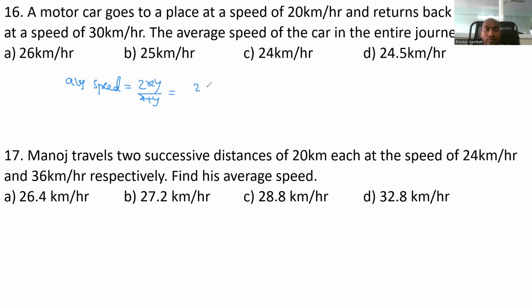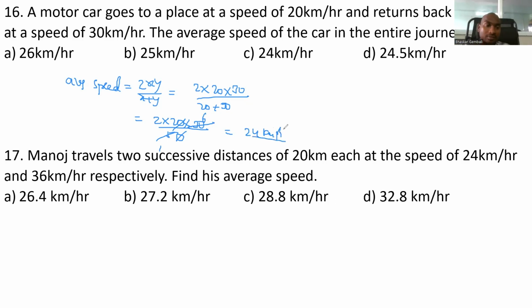So 2 into 20 into 30 by 20 plus 30, which is 2 into 20 into 30 by 50. Zeros cancel. 4 6s are 24. So the answer is 24 km per hour. This must be the answer.